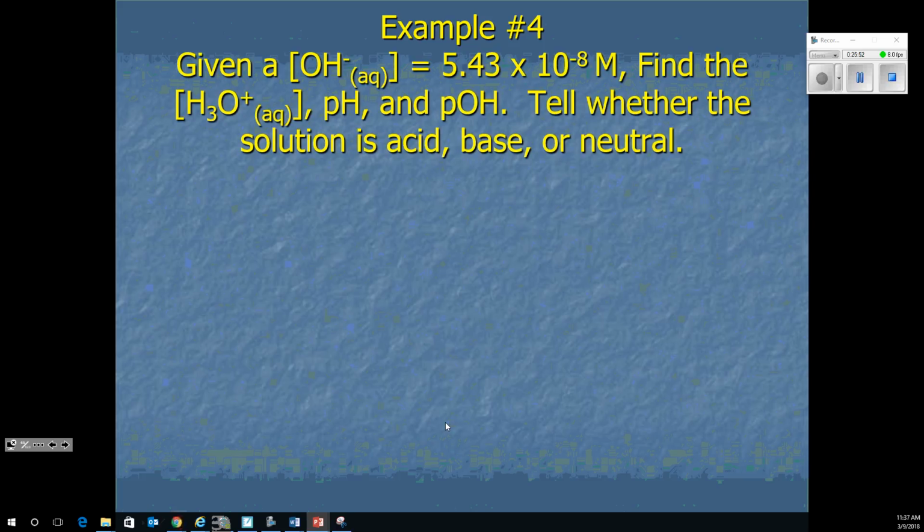So just write down each of them. What is the pH? What's the pOH? What's the concentration of hydrogen or hydronium? Let's see if you did it right.